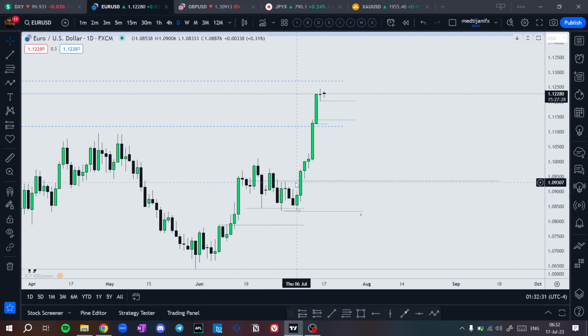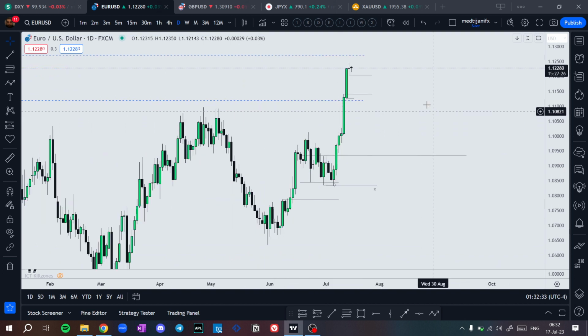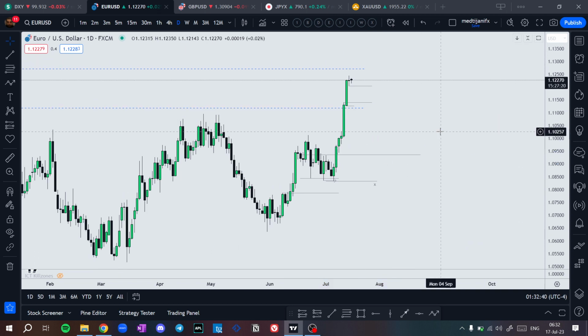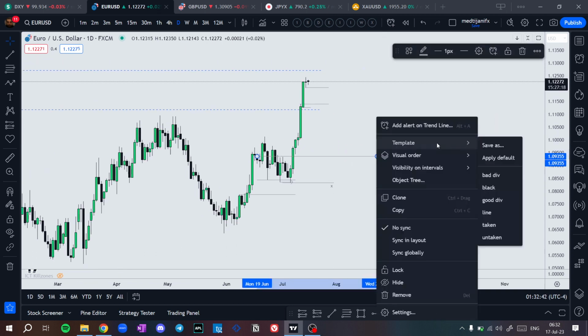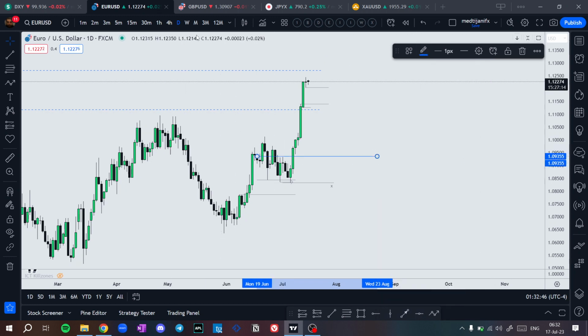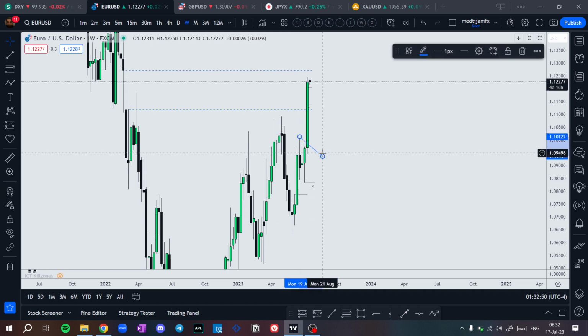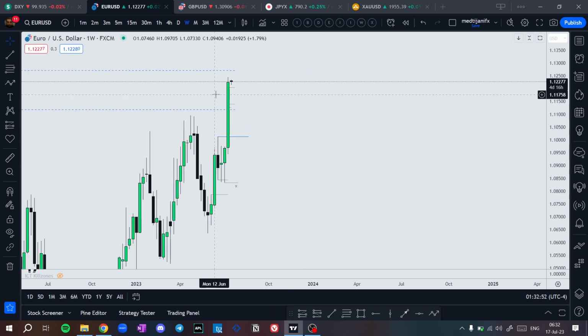Always try to have a clean chart to not be distracted by the lines that I have on my chart. So I have this as maybe the weekly order block. I could use the weekly order block from here, right?